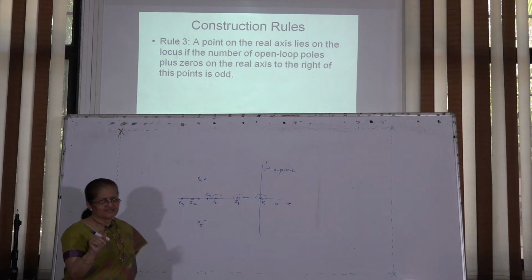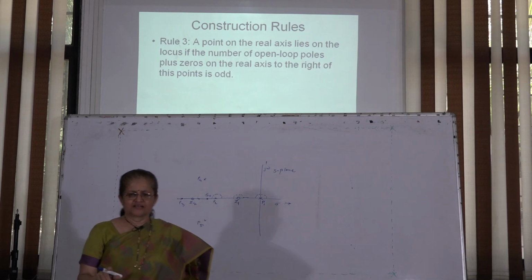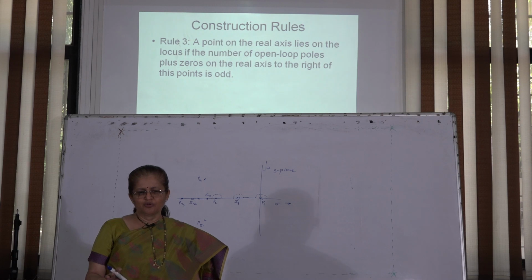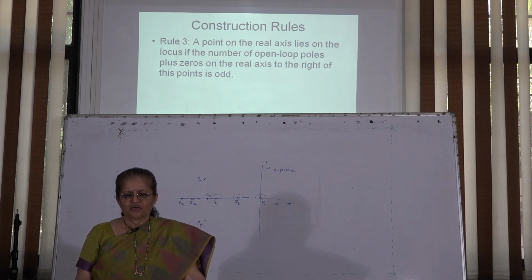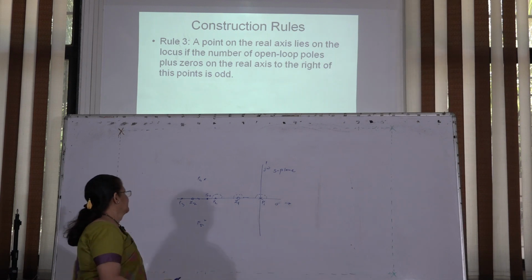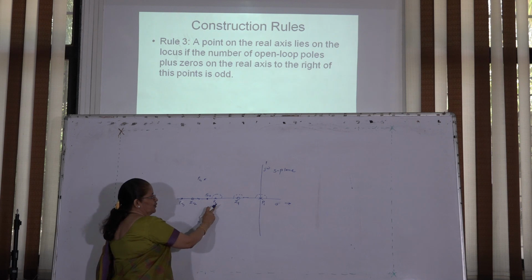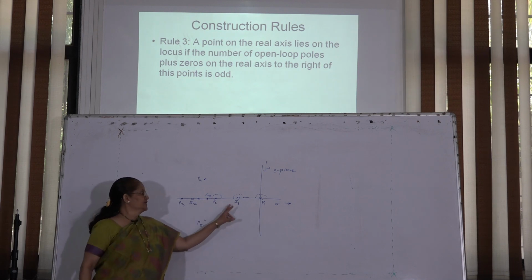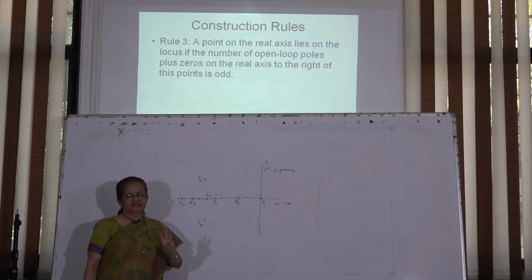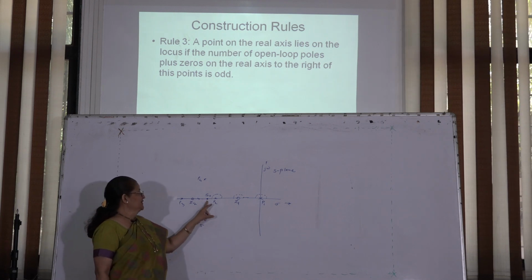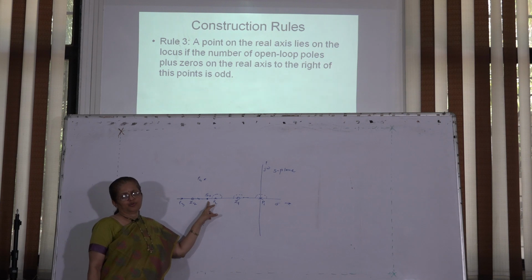So, see the rule: a point on the real axis lies on the locus if the number of open loop poles plus zeros on the real axis to the right of this point is odd. So, consider this now. How many poles are there? 2 poles are there, 1 zero is there. So, 2 plus 1, that is 3, 3 is odd, then this point is lying on the root locus.